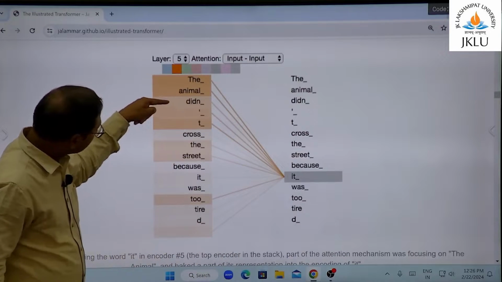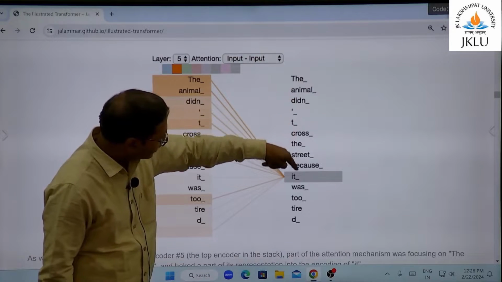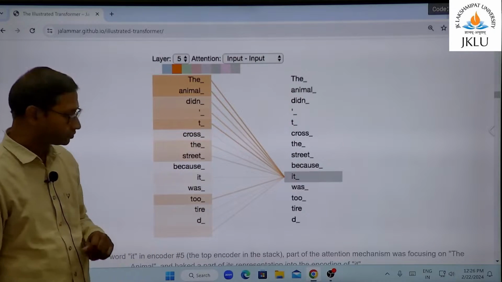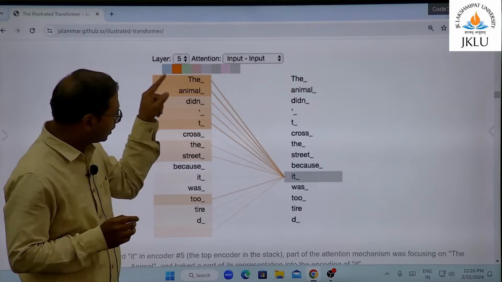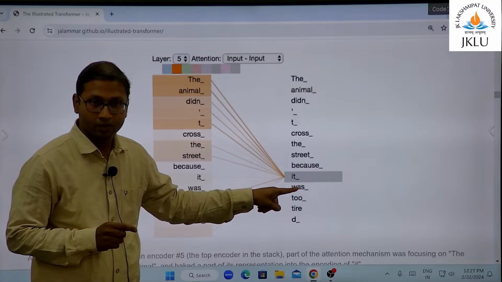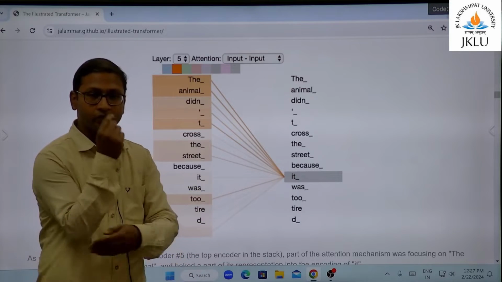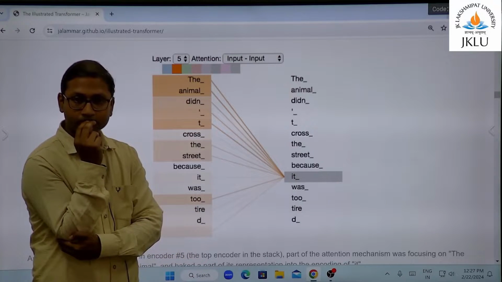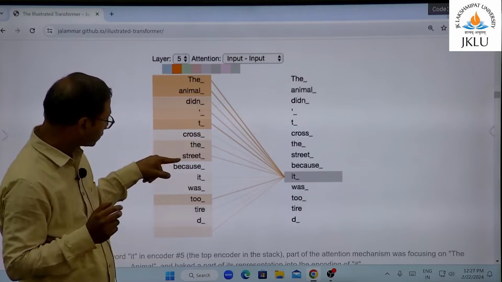The animal didn't cross the street because it was too tired. What is this figure capturing? If you talk about this it, who can this it refer to? The animal. One more thing, it can also refer to the street.